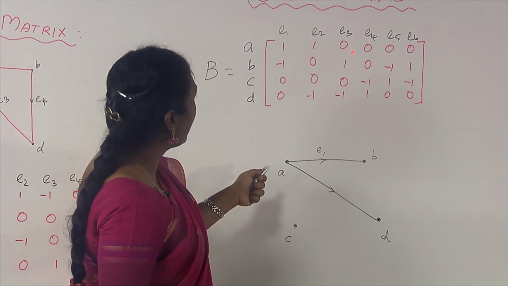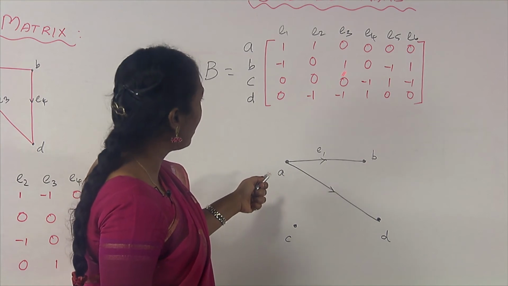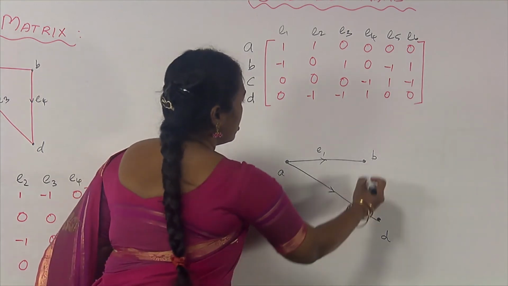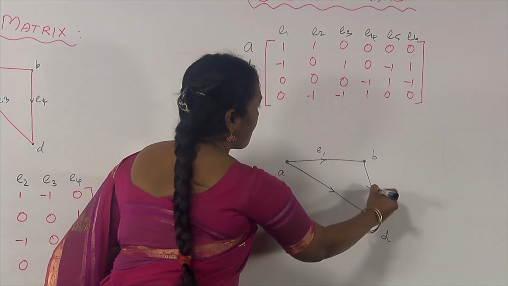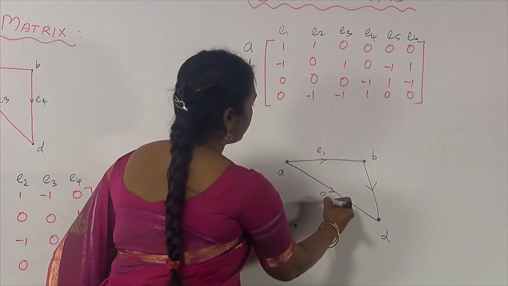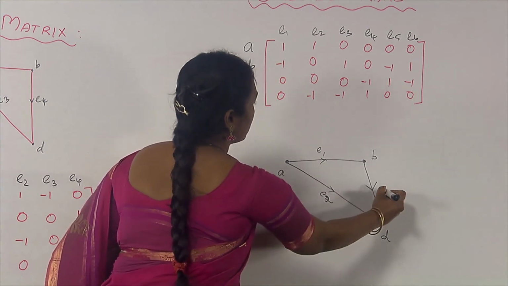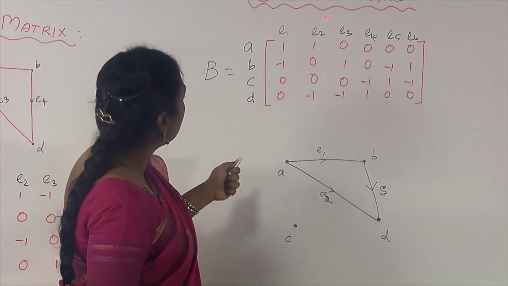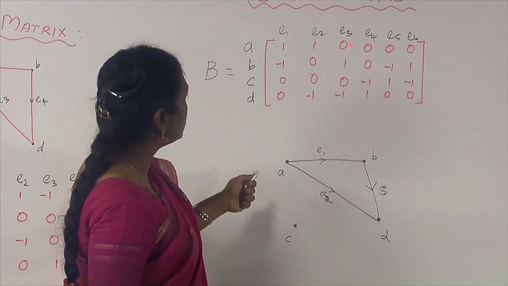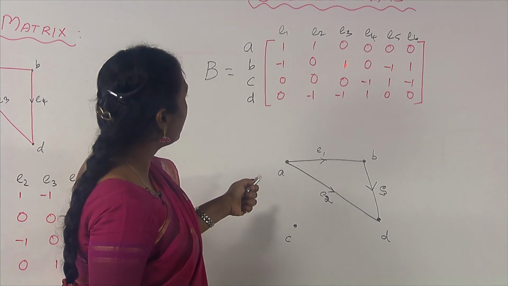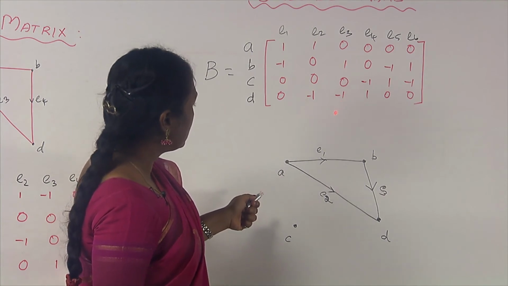So, E3 is starting from B and going to D.